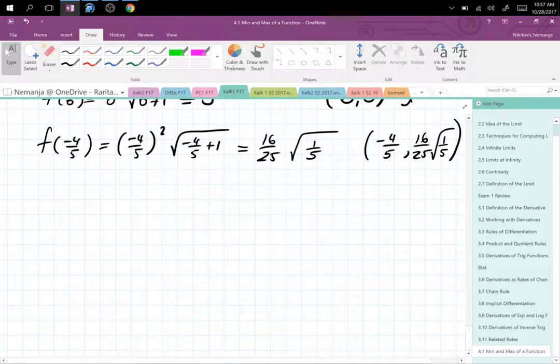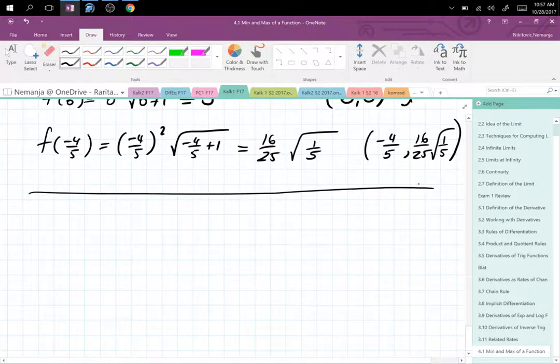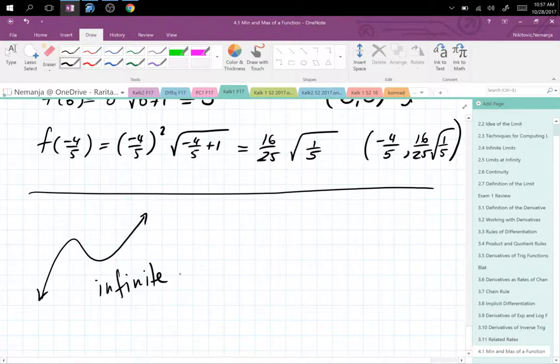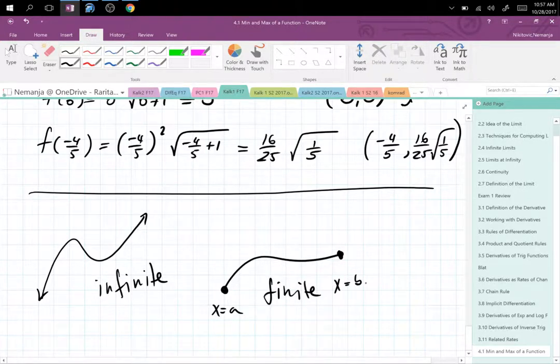So if I draw a function like this with arrows, that's infinite. But if you draw a function like this with dots, that's finite. That one is from x equals a to x equals b. It's on the closed interval.